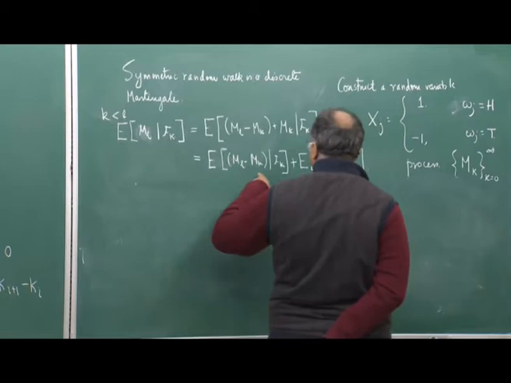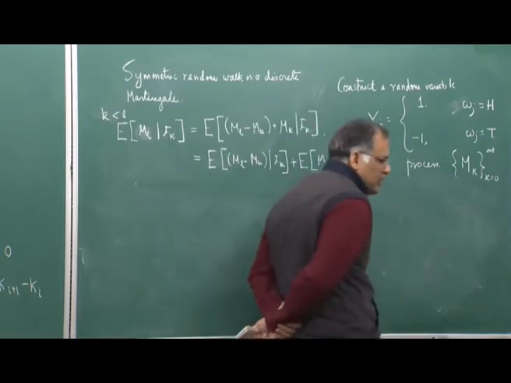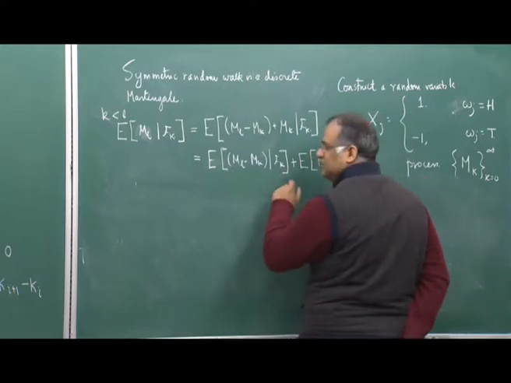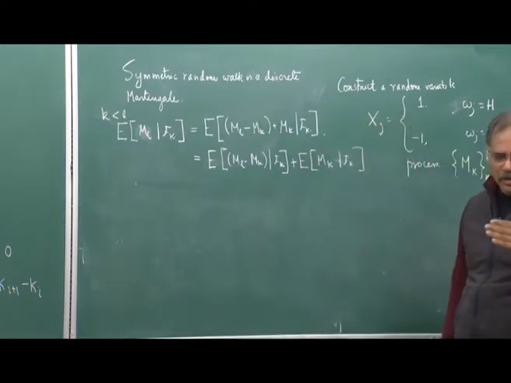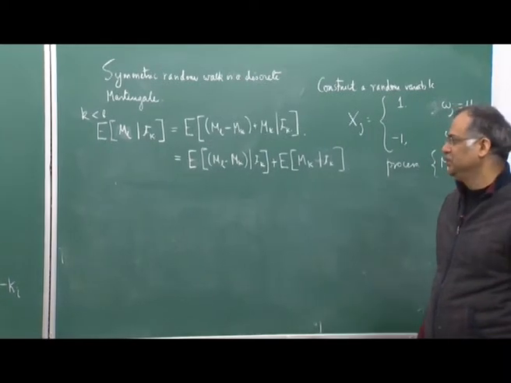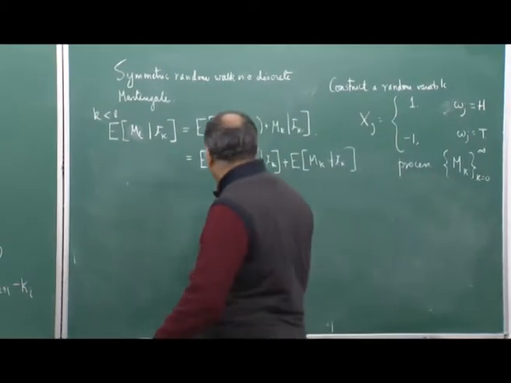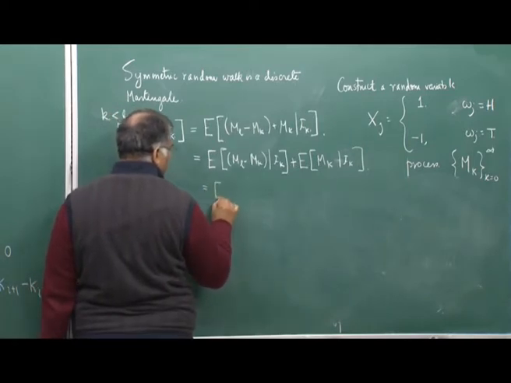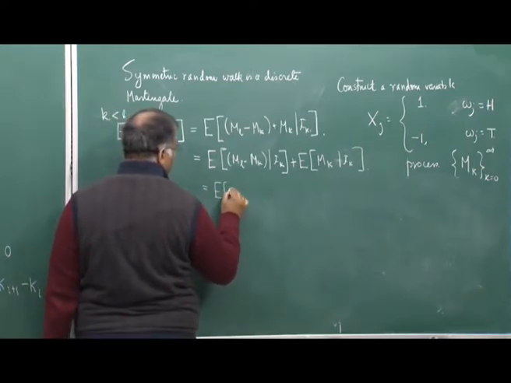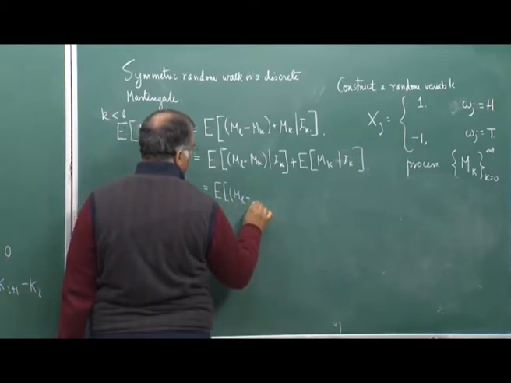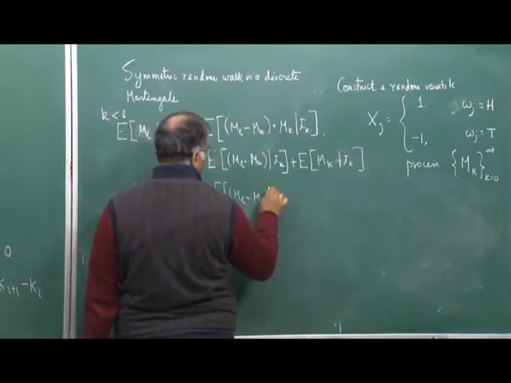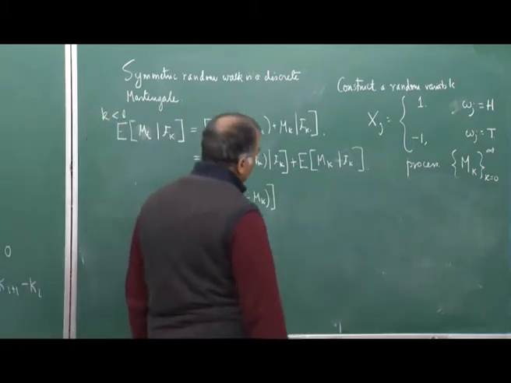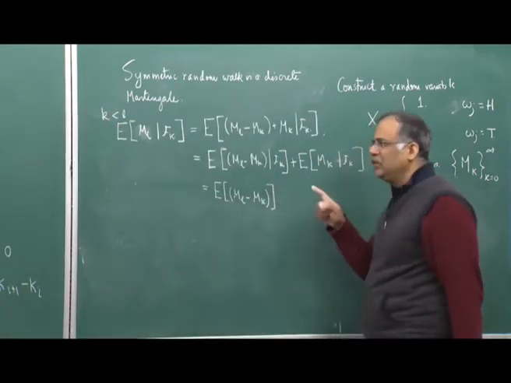Since L is strictly bigger than k, this increment ML minus Mk is independent of Fk. Fk does not have information of anything which is beyond the time k. So, here by one of our rules for conditional expectation, this is nothing but the expectation of ML minus Mk, and here at time k everything about Mk is known.